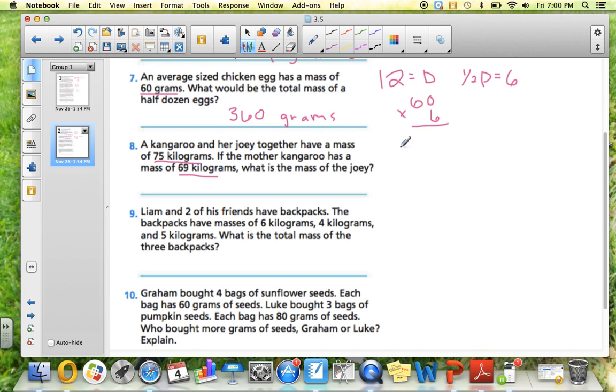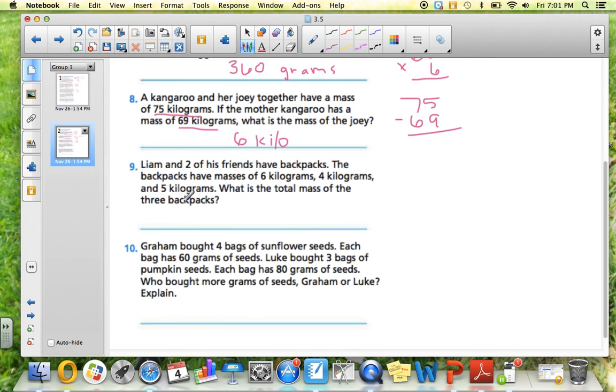So what we're going to do is take our total mass, which is 75, and subtract how much the mom weighs so that we can find how much the baby weighs. So 75 minus 69, and our answer is 6 kilograms. I'm just going to write kilo because it's going to take me way too long to write grams, but I want you to write kilograms.